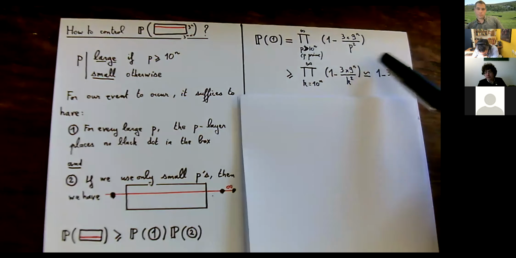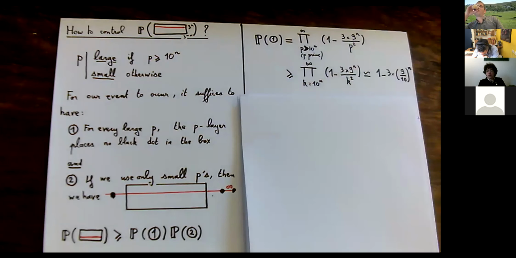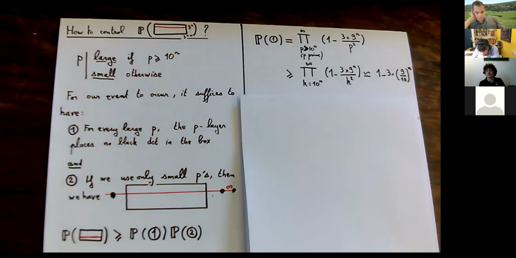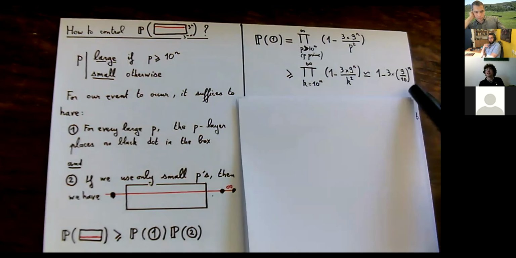The area of the rectangle is given by this formula. We can lower bound this by the product over all k's, not necessarily prime, of the same formula, still starting at 10 to the n. And then it's easy to estimate this quantity. And indeed, it converges exponentially fast to 1.